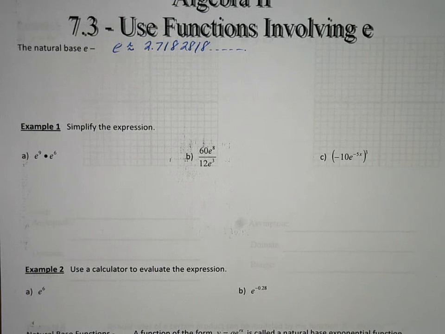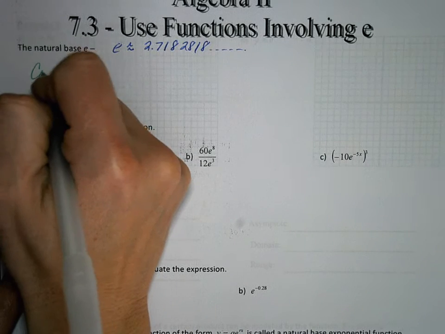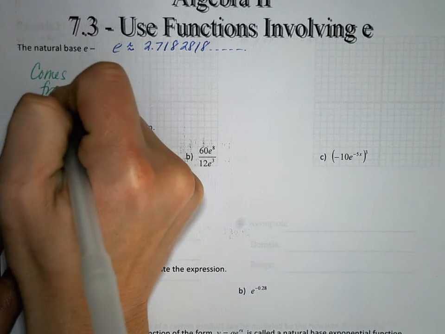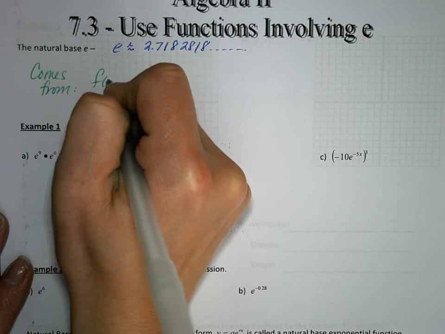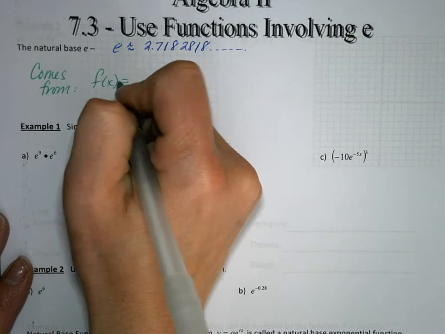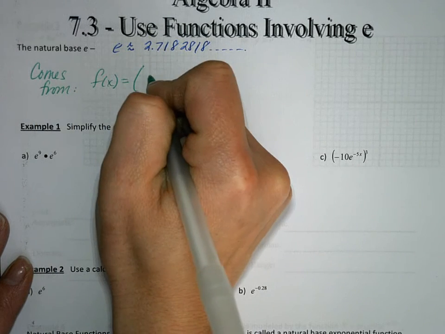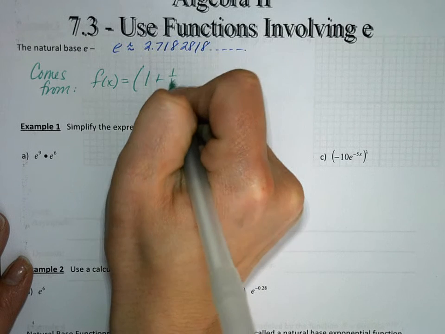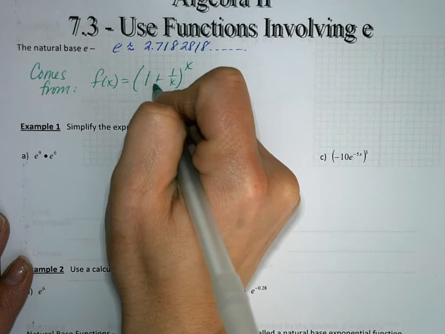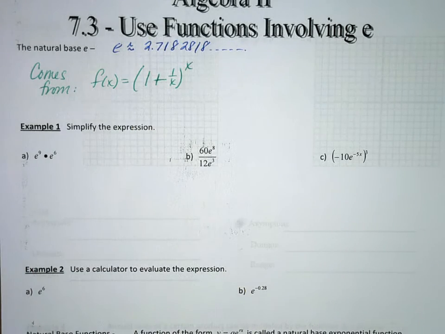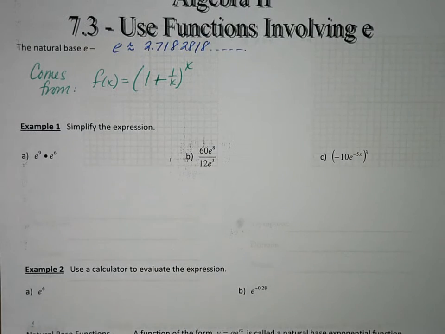Now, e comes from this expression. This equation, f of x is equal to 1 plus 1 over x all to the x power. All right, we're going to try a little experiment here. Grab a calculator very quickly. 1 plus 1 over x to the x power.